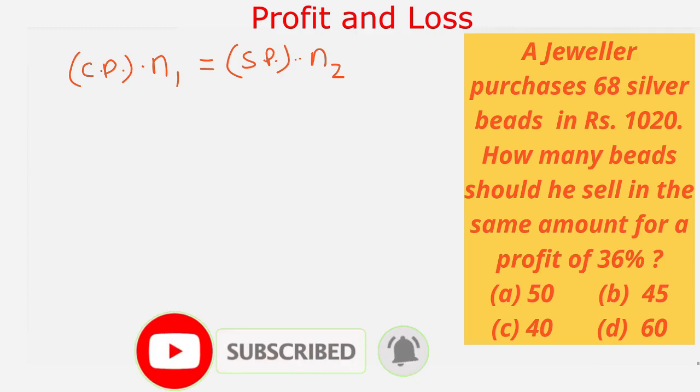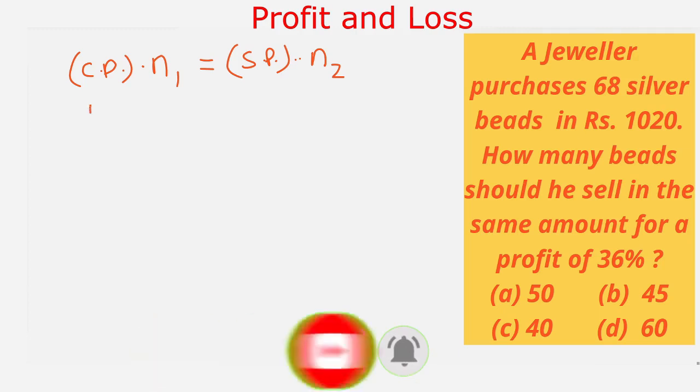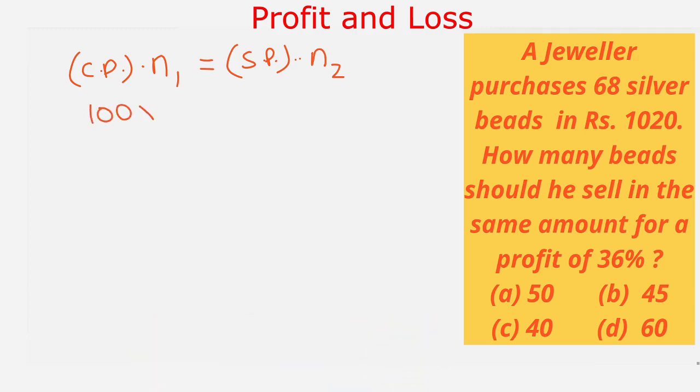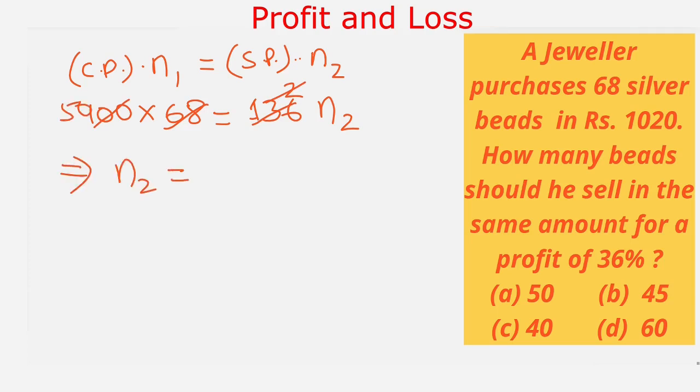If we assume the cost price of each bead is equal to 100, then the number of beads is 68, given to us, equal to the selling price with 36% profit. It means 100 plus 36 is 136 multiplied by N2, and we have to find the value of N2. 68 divides 136 for 2 times and 2 divides 100 for 50 times, giving the value of N2 equal to 50 beads.